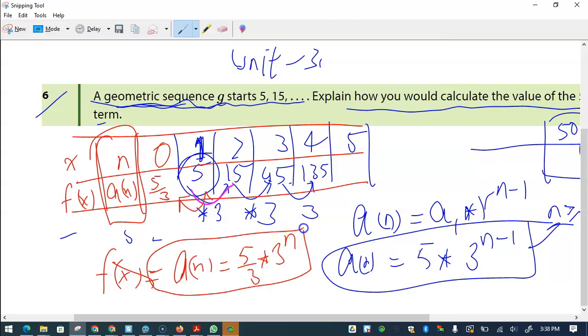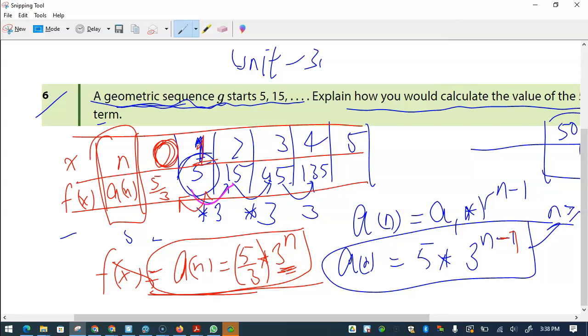See how it changes? It was n minus 1 because you were beginning from 1, but now I'm starting from 0. So this will be the first term, and that's like an exponential function with the growth factor 3. Thank you.